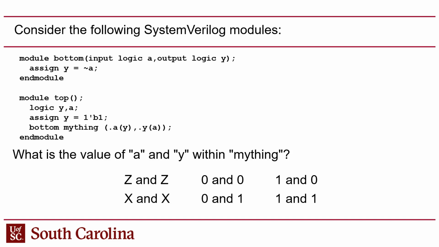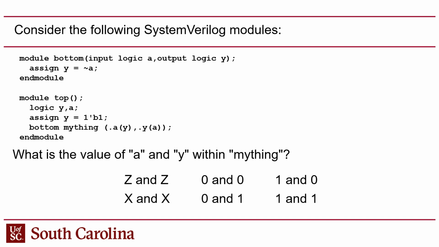So inside of my thing, A is going to be a 1, right? Because we're sending in Y, which is 1 here. So it's got to be one of these 2 answers. And then Y is connected to A, but A is not assigned anything, right?